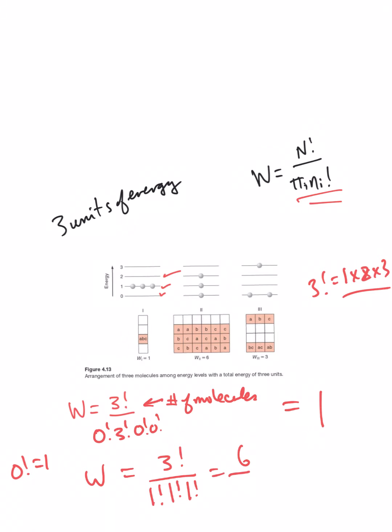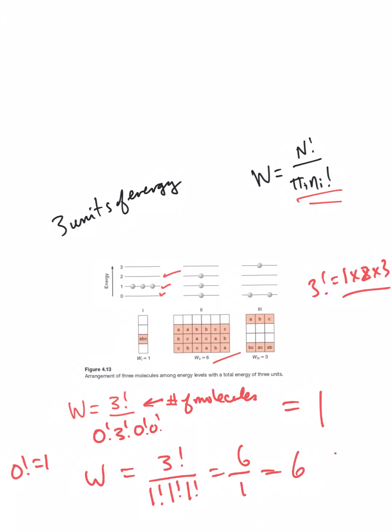So this is 6 divided by 1. There are 6 different ways of assembling the molecules in that arrangement. And you can see by looking at the lowercase letters A, B, and C how they can be arranged in that way to give a unique microstate. But the macrostate of 1, 1, 1 stays the same.